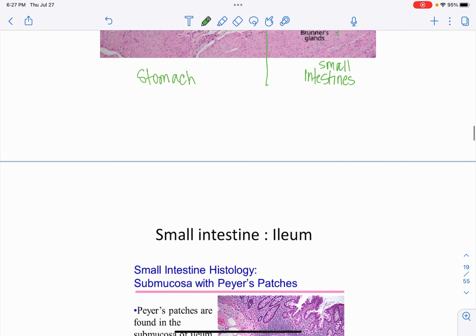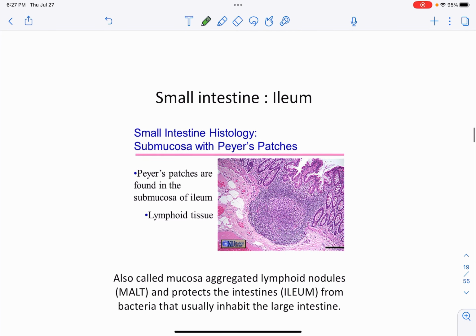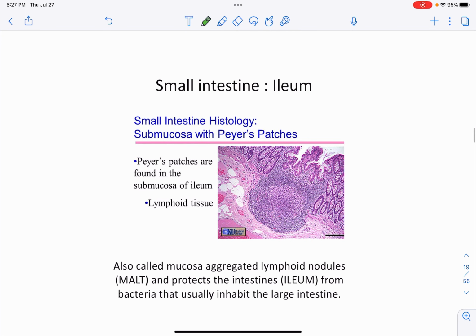And then another part that I was going to skip in the other lecture, but not for you guys, is another feature that you find only in the ileum. So the jejunum doesn't really have any defining features, okay? The duodenum has the Brunner's glands.